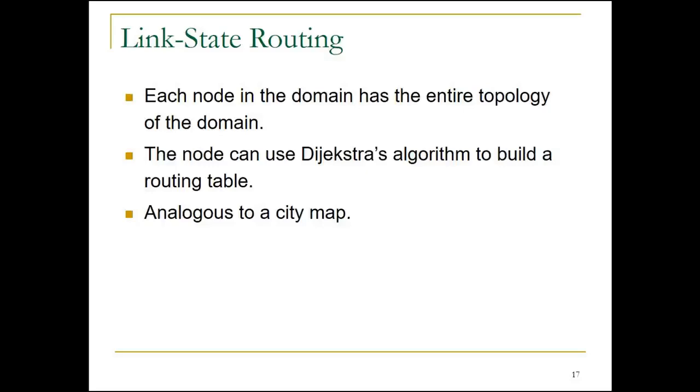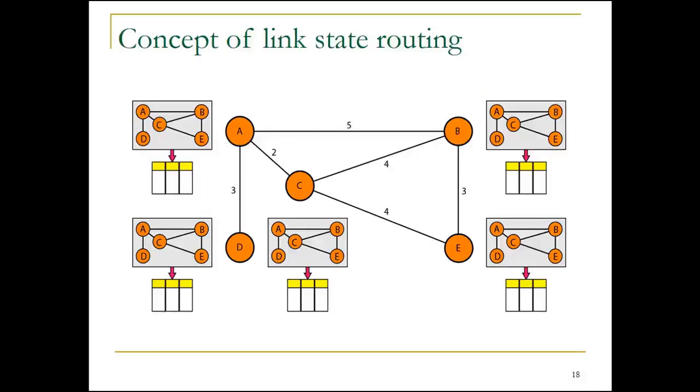So it could be analogous to a city map. Here is an analogy of a city map that illustrates the concept of link state routing, where we have 1, 2, 3, 4, 5 nodes within this particular network.